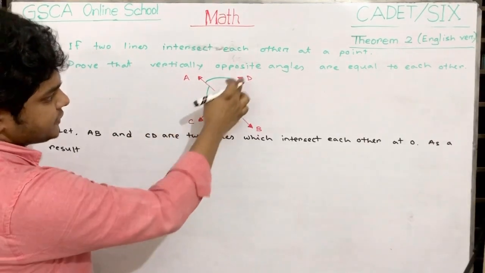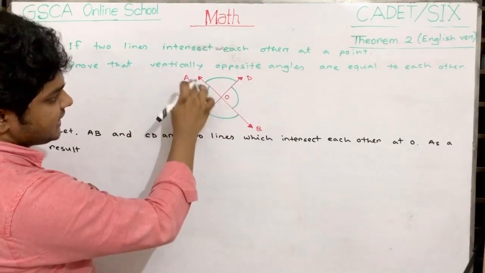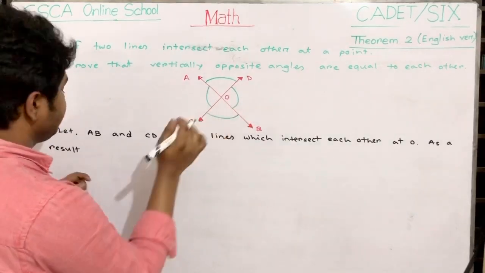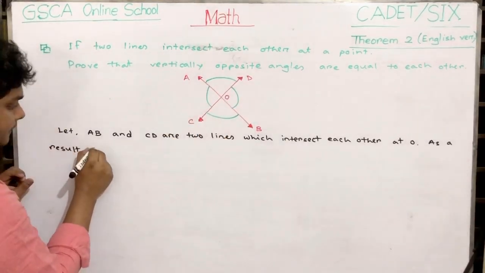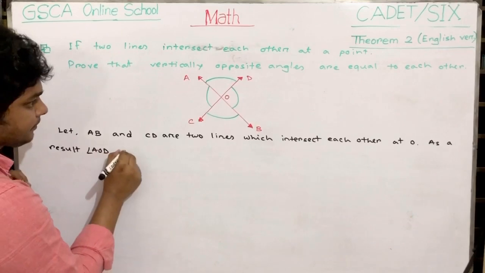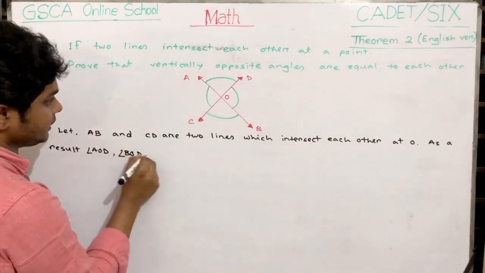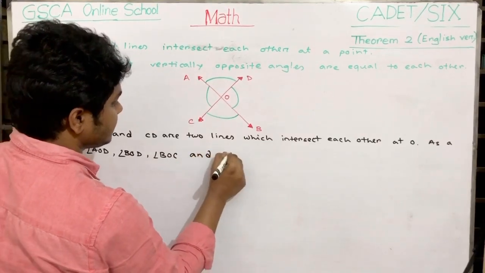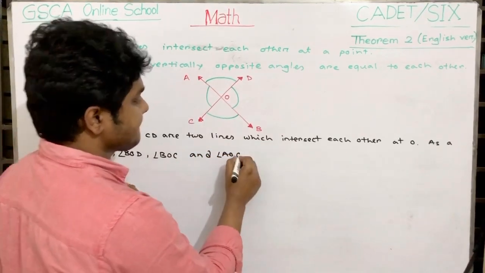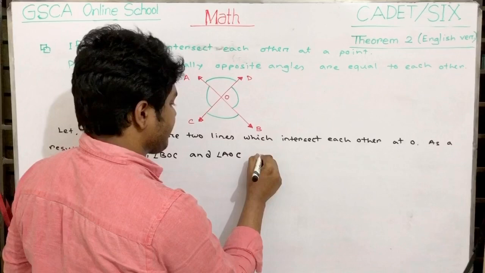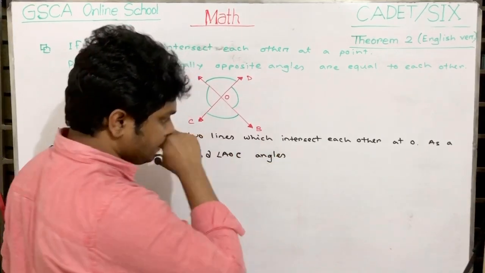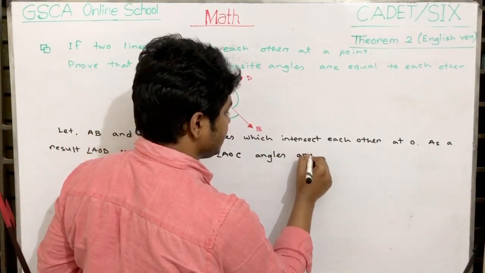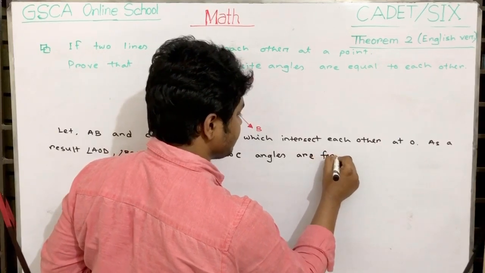Take a look. AOD, BOD, BOC and AOC. These four, right? As a result, AOD, BOD, BOC and AOC angles are formed.